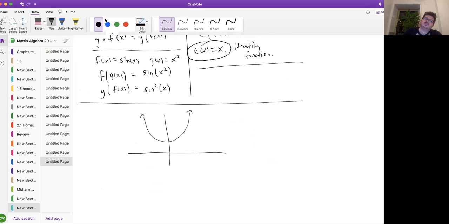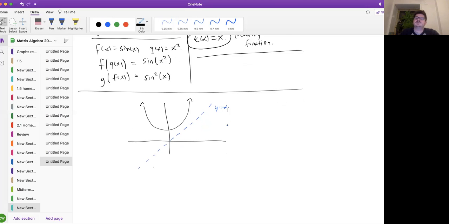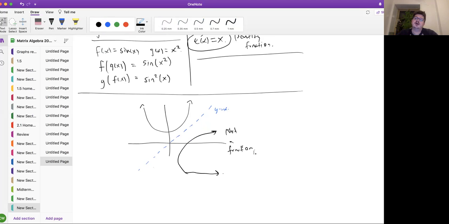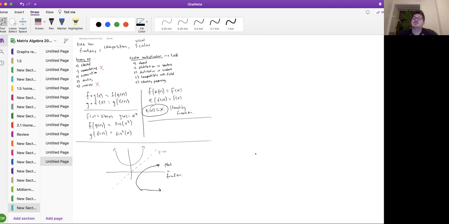Yeah, what is the flip? It's a flip over this line. So the idea is that when you flip it, you don't get a function back. This is not a function. Horizontal line test would be a word that you may remember at one point.